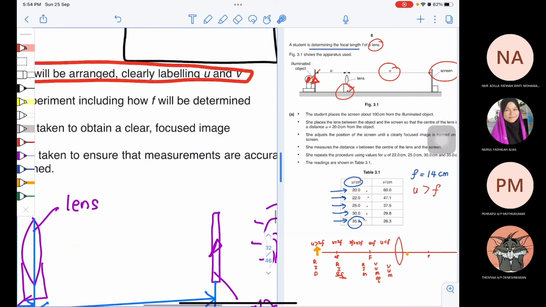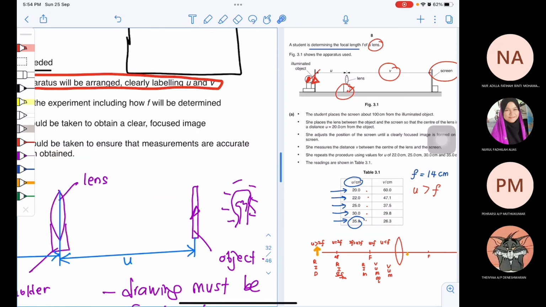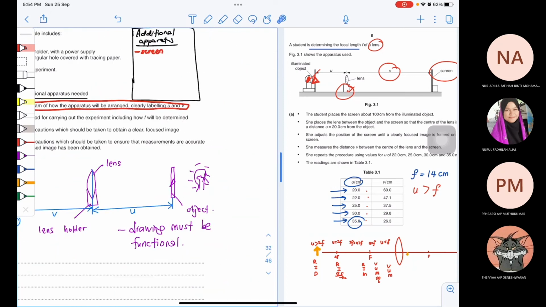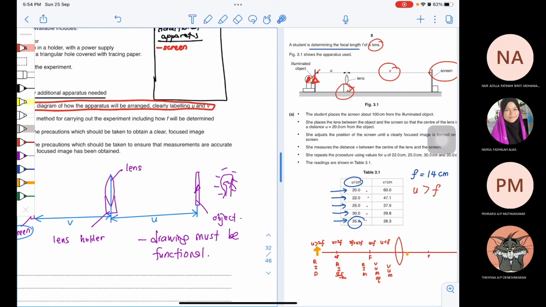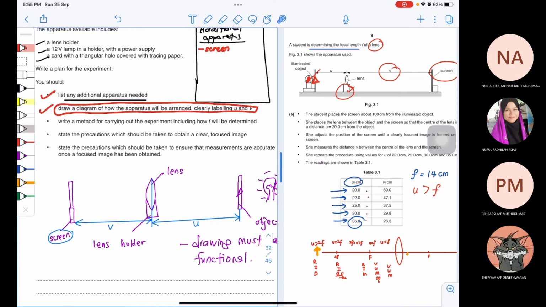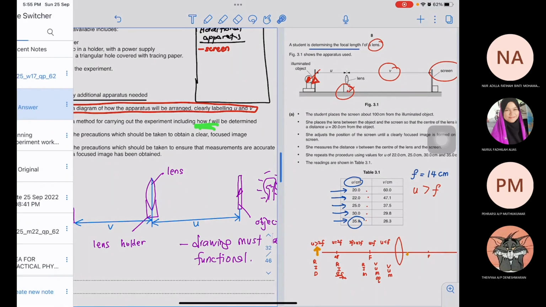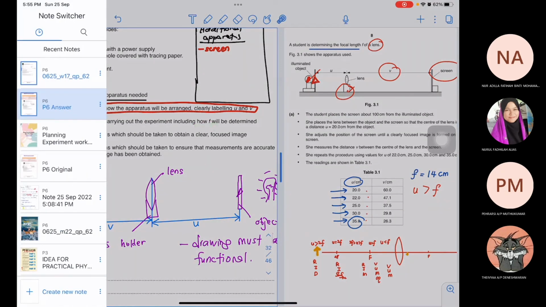This is something you need to know, how you determine F. Here you must know what it is.